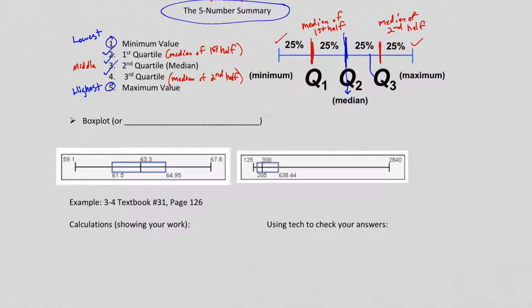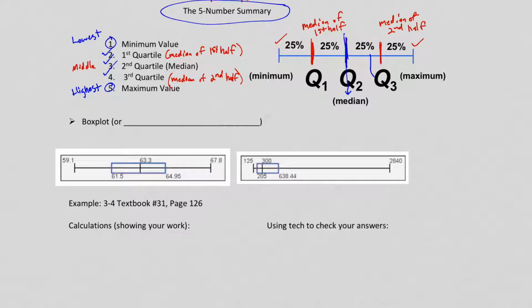So a box plot is basically that same chart we just saw, except if I draw a rectangle from Q1 to Q3, then I have a box plot. Okay.